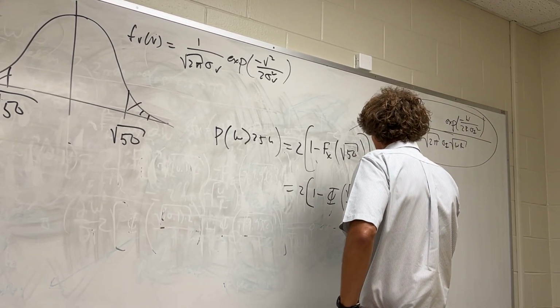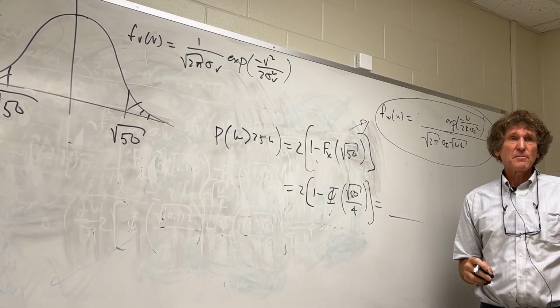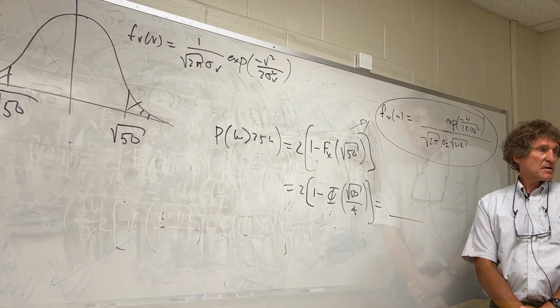So you can get it this way. What do you get for that? You can look at the tables. If somebody wants to do it with tables, just tell me if you get the same answer. You don't have to. You can use your calculator.